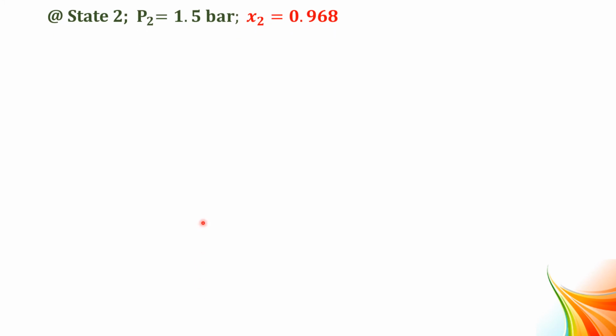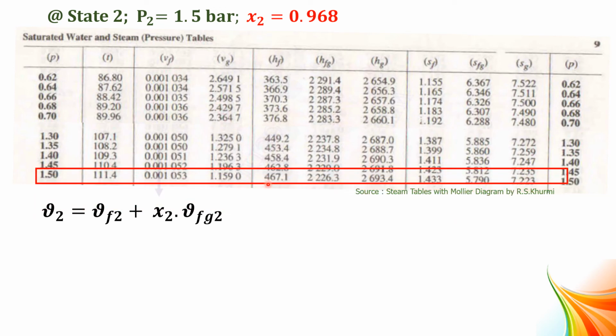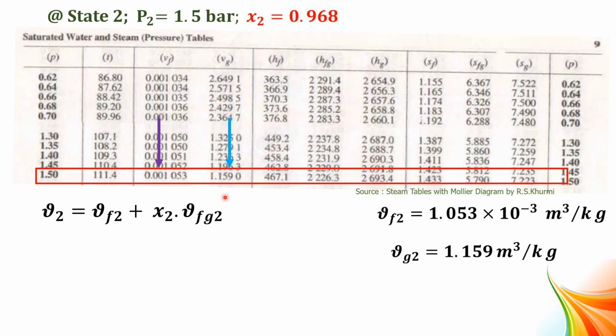Now we have to find out the specific volume V2. V2 equal to Vf2 plus X2 into Vfg2. X2 already we know. So we have to find out the values of Vf2 and Vfg2 from the steam table corresponding to a pressure of 1.5 bar. Vf2 value equal to 0.001053 meter cube per kilogram and Vg equal to 1.159 meter cube per kilogram.